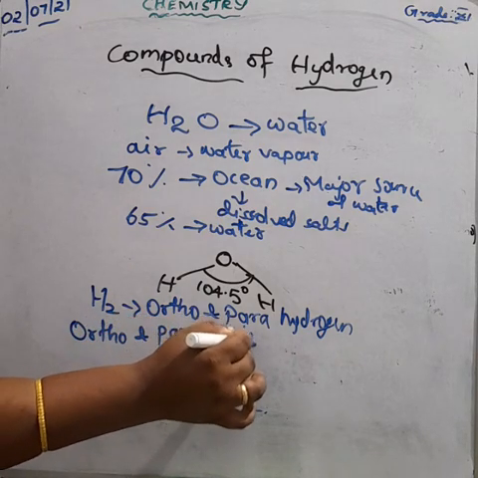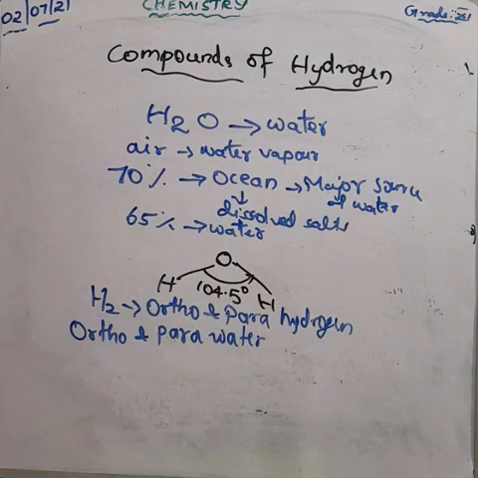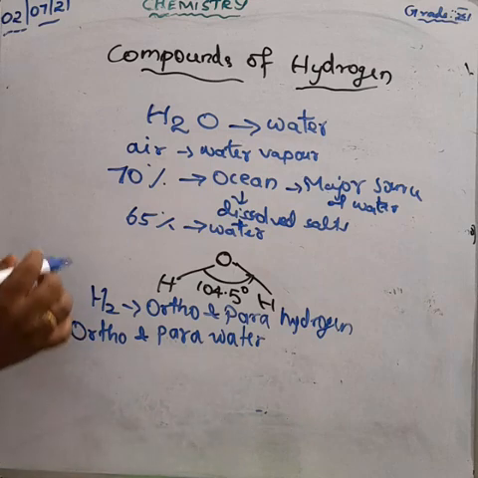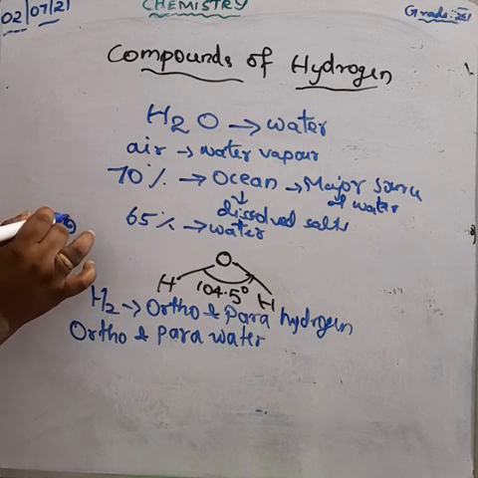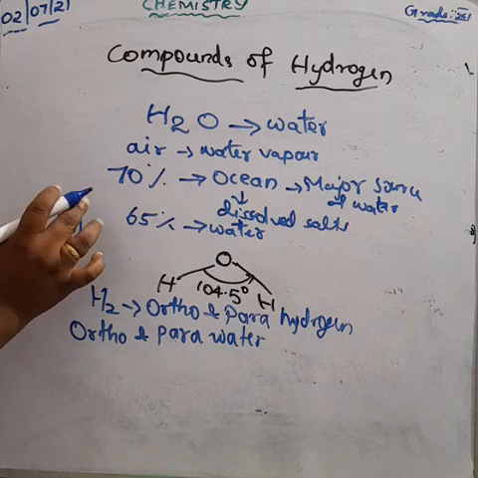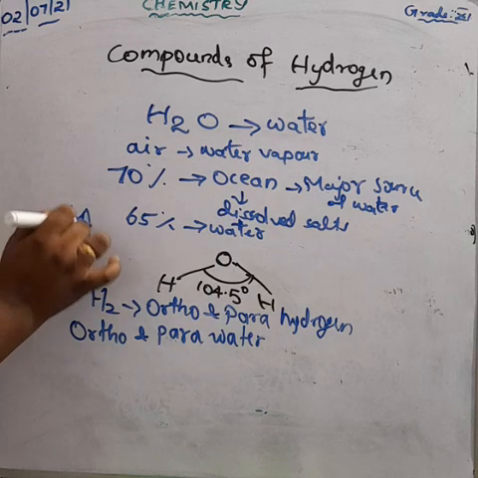It is depending upon the hydrogen. Ortho means the nucleus of an atom can spin in same direction. The nucleus of an atom can spin in different direction, means para form.